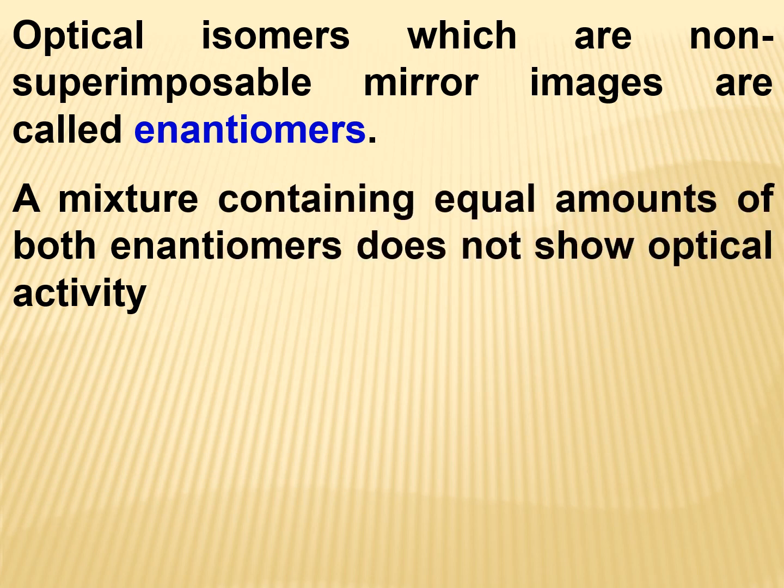A mixture containing equal amounts of both enantiomers does not show optical activity. So if you take a mixture of equal amounts of plus and minus lactic acid, that mixture will not rotate plane polarized light. Why? Because there are 2 isomers, both are miscible, so the rotations get cancelled.